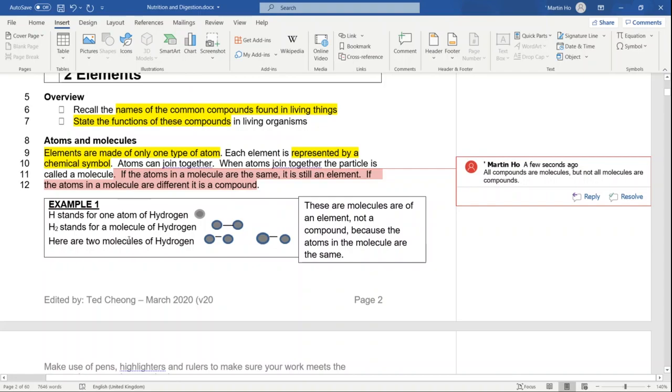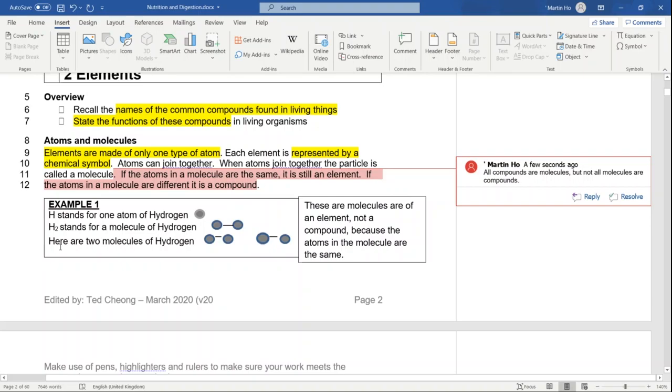And we explain this in this example here, example 1. We know that H stands for one atom of hydrogen. And hydrogen is what we call diatomic. It is found actually as a pair of two hydrogen atoms bonded together for stability. So H2 is an example of a molecule that is still an element because there's only one type of atom there.